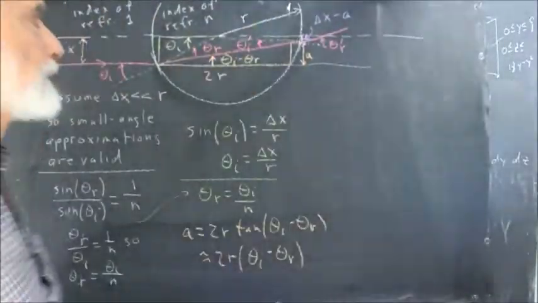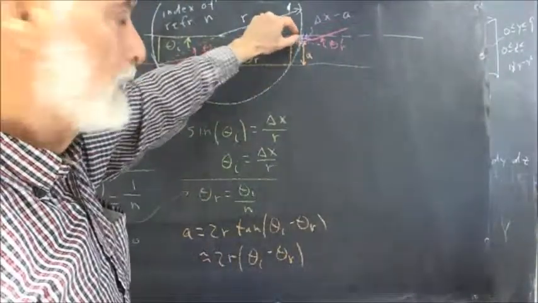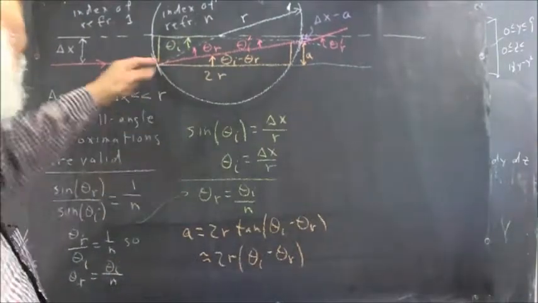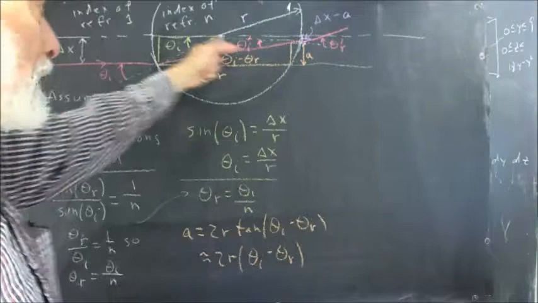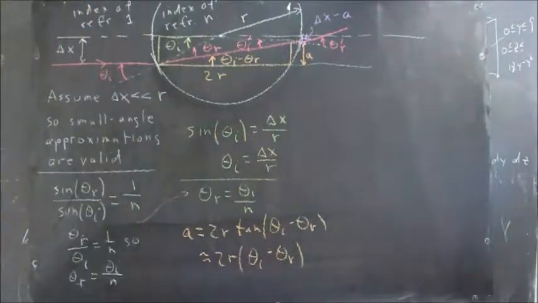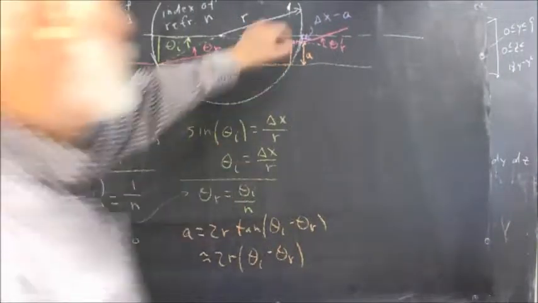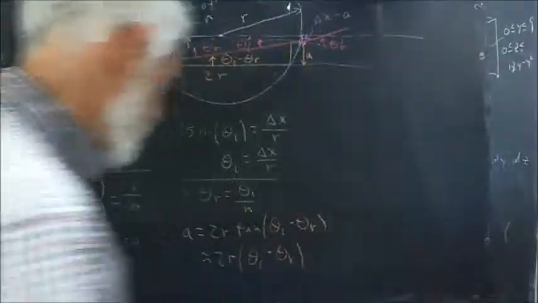That's going to be this distance. You can't really see that there. It's not drawn very well. I should have made this thing about halfway between here and here. I just aimed it a little bit carelessly. In any case, that distance is delta x minus a.